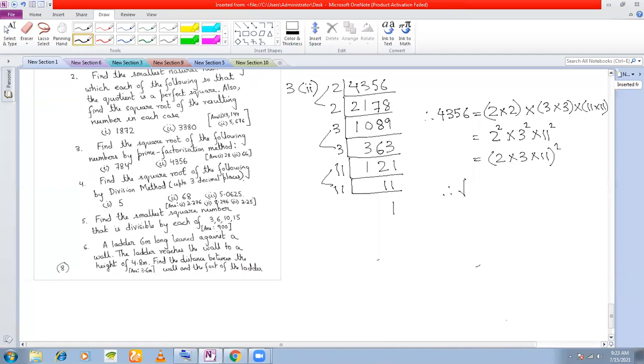Therefore, what is the square root? The square root of 4,356 is equal to the square root of (2 into 3 into 11) square, which is equal to 2 into 3 into 11, which is equal to 66. Give a plus or minus sign also.